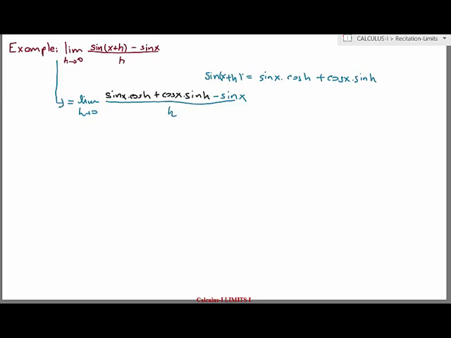Let's simplify this expression. I take the parentheses of sine x, so we have cosine h as the coefficient of sine x and minus 1. Take the parentheses of sine x, we have cosine h minus 1 over h plus limit when h tends to 0, we have cosine x times sine h over h.